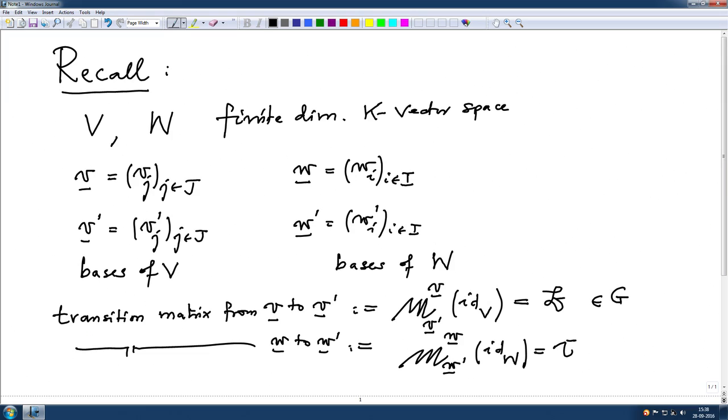So this is in GL_J(K) and this is in GL_I(K).